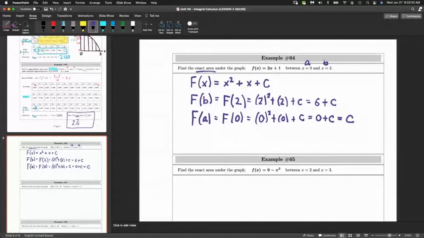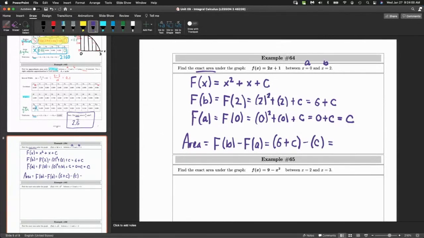A and B. So the exact area is f of B minus f of A. In this case, that's going to be 6 plus c minus c.